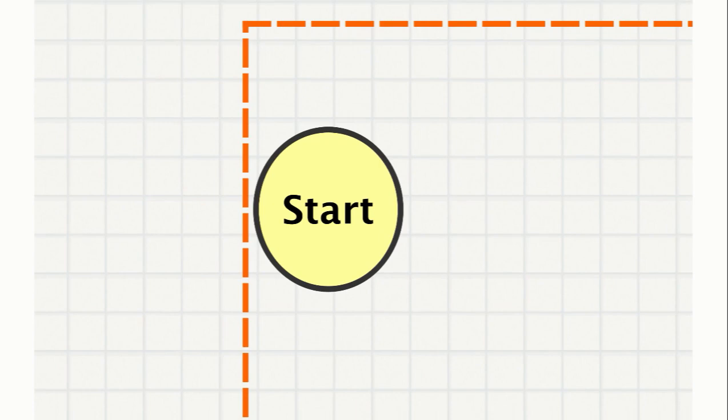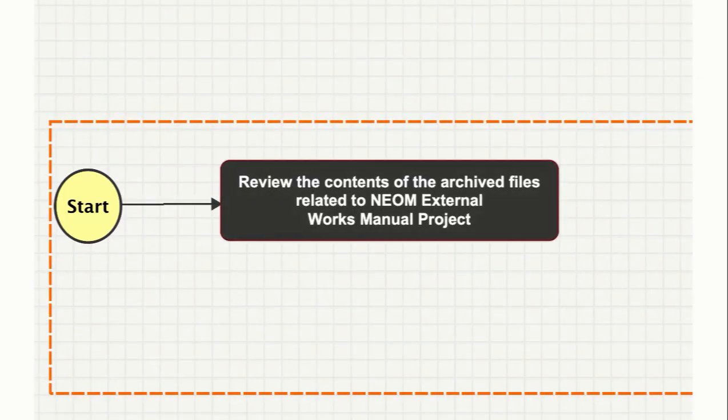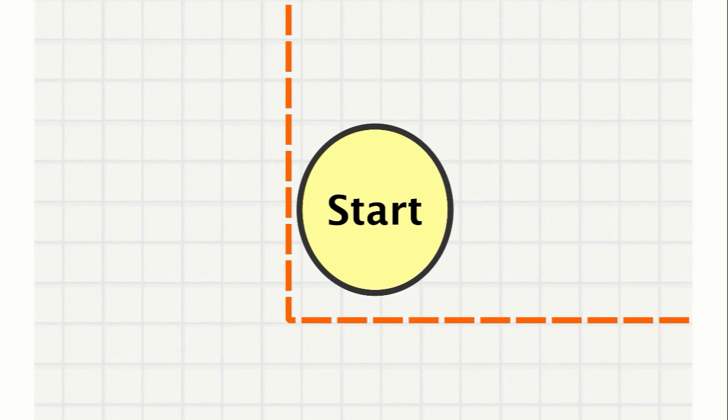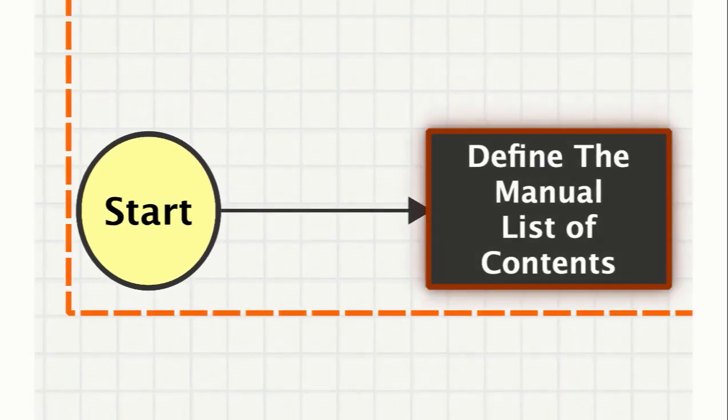So the first step is to review the contents of the available data, which is done as presented in this video. And then we have to determine which file contents matches a manual item. And meanwhile, we have to consider starting with defining the manual list of contents, which is already completed.